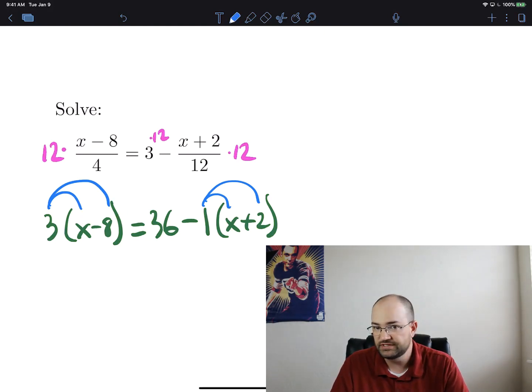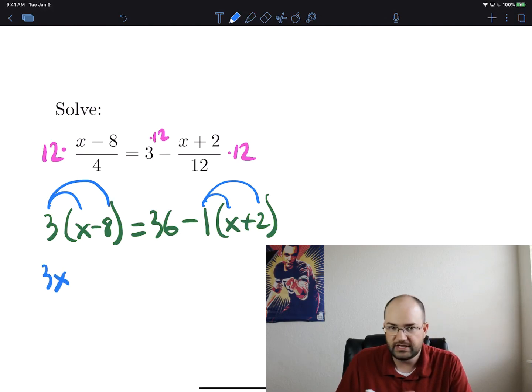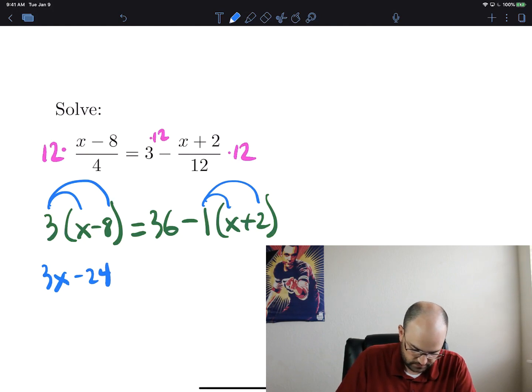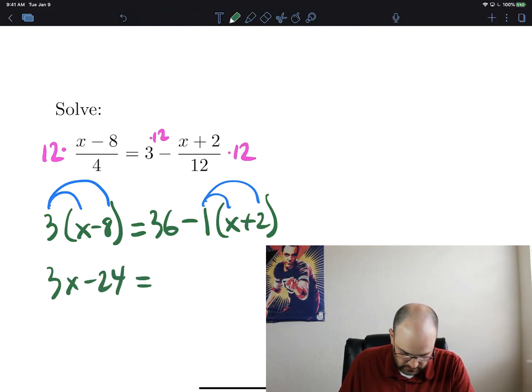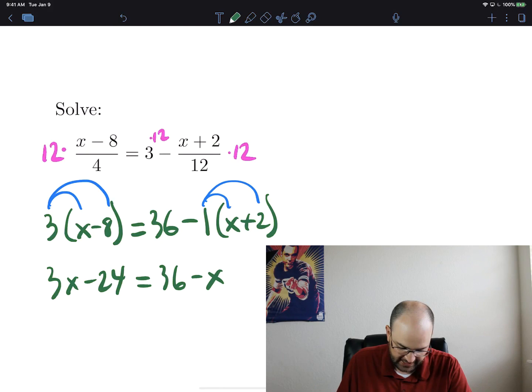Now distribution just means multiplication. 3 times x is 3x. 3 times negative 8 is negative 24. Now on the right-hand side, we have 36, and then we have negative 1 times x is negative x. Negative 1 times 2 is negative 2. Good.